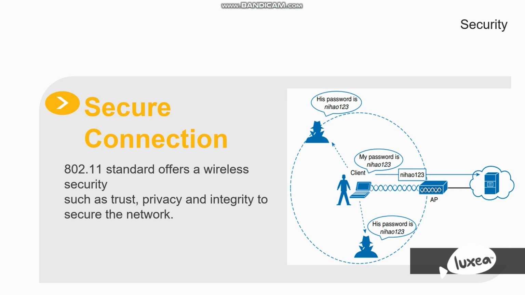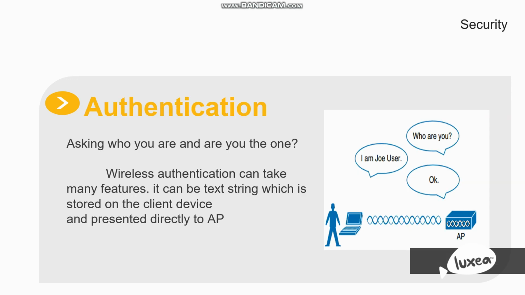the 802.11 standard offers wireless security, such as trust, privacy, and integrity, to secure the network. So, yes, look, whatever the client or user puts on the server, another man can listen to it, which is really bad. Next one, authentication.